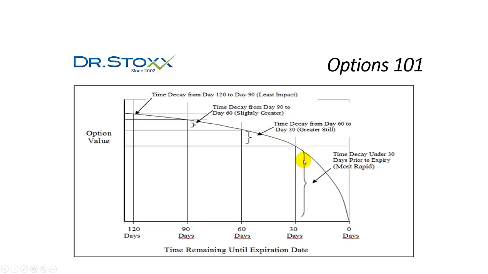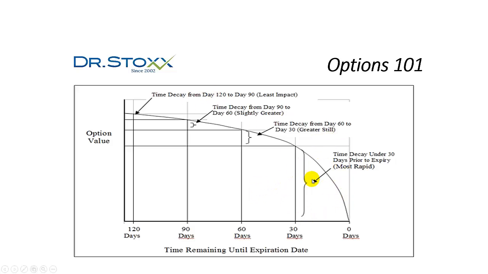So in that last 30 days, we're going to see 65% of the time value that we saw 4 months ago completely deteriorate. And it actually increases in the last week really sharply. You're going to see decreases every single day that you're holding the option, decreases of even up to 10%, 15% per day in the time value of the option.